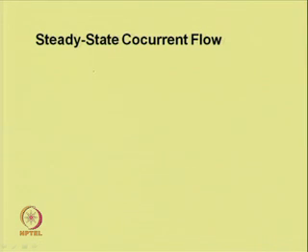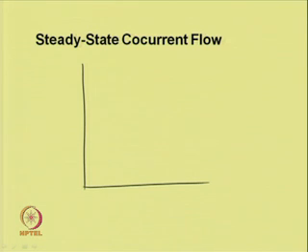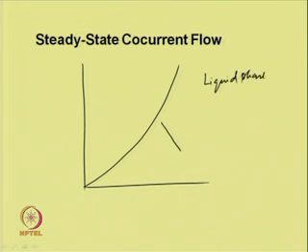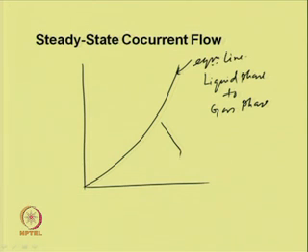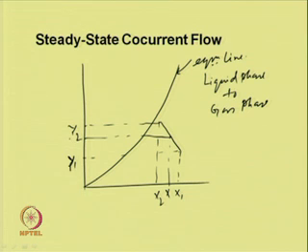So, if the mass transfer is from liquid phase to gas phase, the operating line will be below the equilibrium line, and this is x1, this is y1, this is x2, this is y2, and some point in between, this is x and this is y.